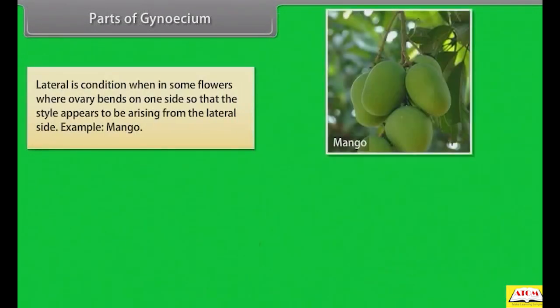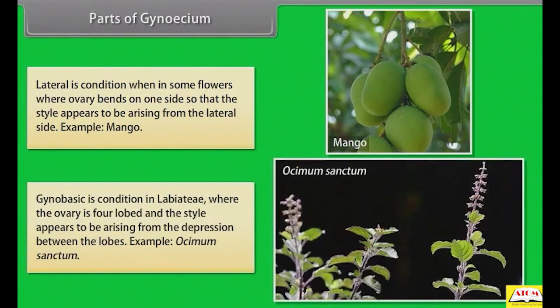Lateral is the condition in some flowers where the ovary bends on one side so that the style appears to be arising from the lateral side. Example: mango. Gynobasic is the condition in Labiatae, where the ovary is 4-lobed and the style appears to be arising from the depression between the lobes.